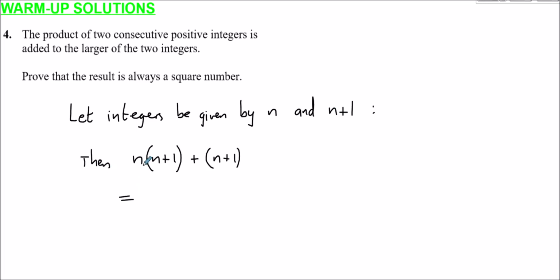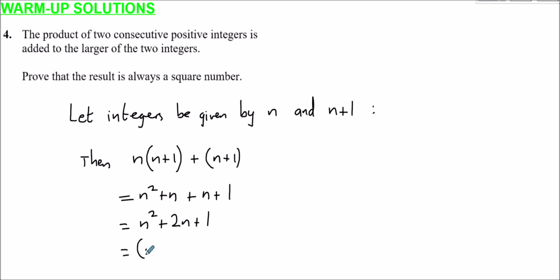So now we can expand this. So n multiplied by n plus 1, expand this out, we get n squared plus n. Of course here we have another n plus 1. Simplify, we get n squared plus 2n plus 1. And what you need to notice here is this will factorise into a perfect square. Think about any quadratic. We need two numbers that multiply to 1 and add up to 2.